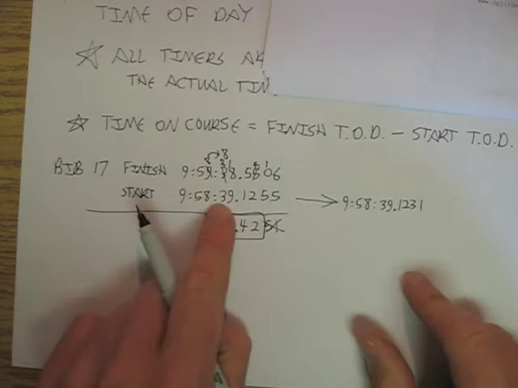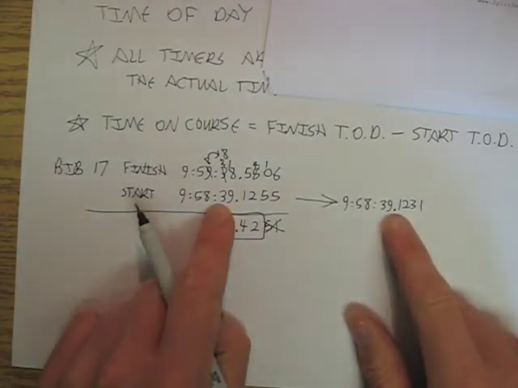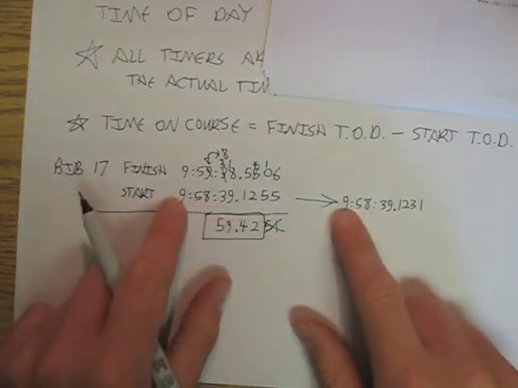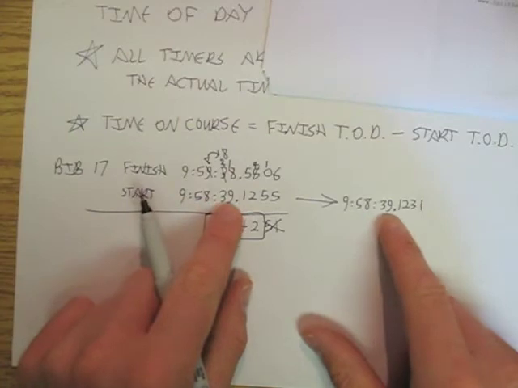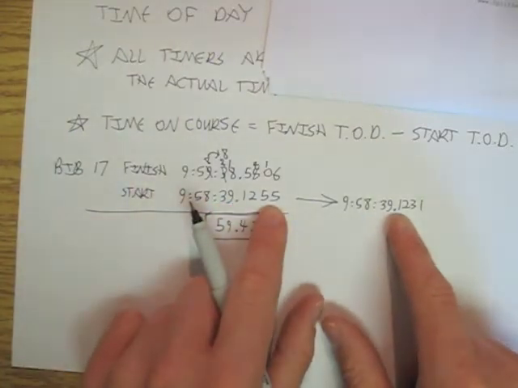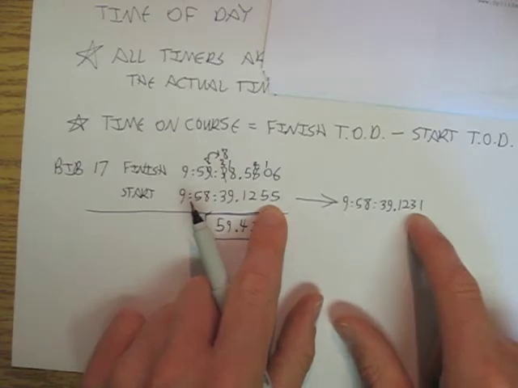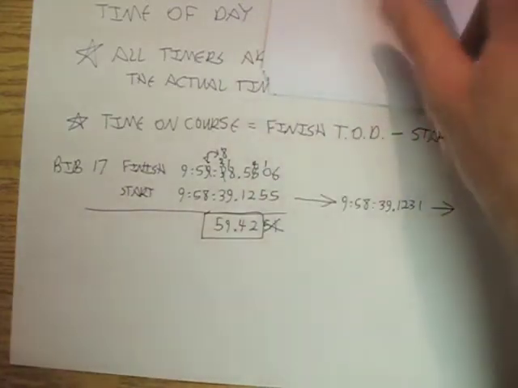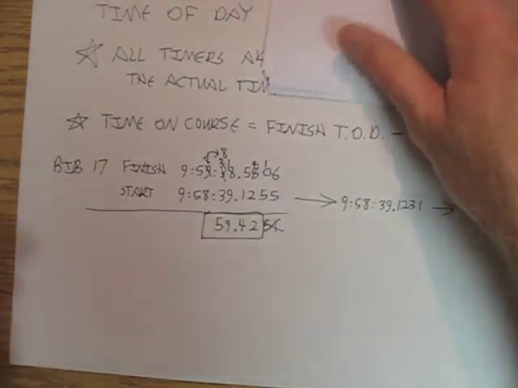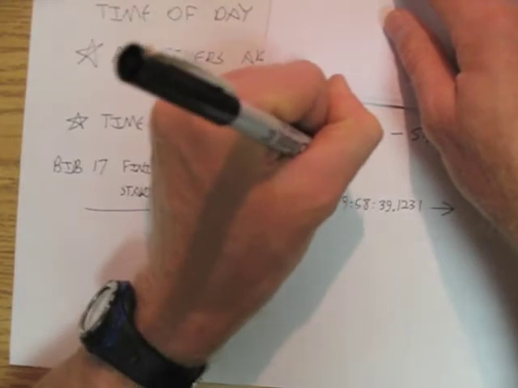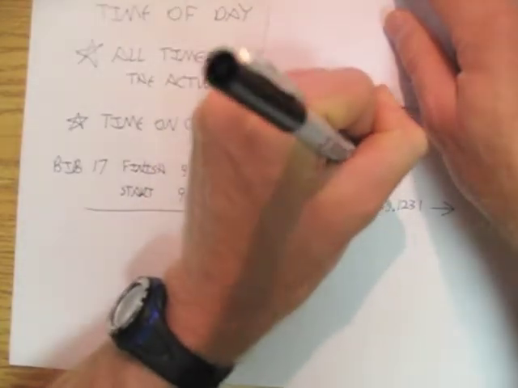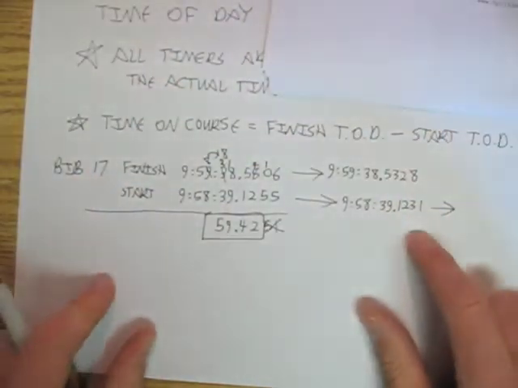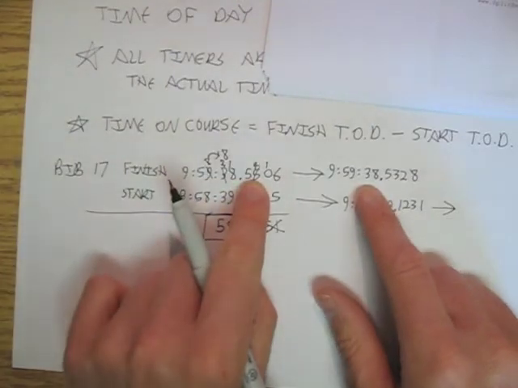So this is my primary and this is my backup. Because I synchronized them, they're going to be close, but not exact. The finish was 9:59:38.5328.